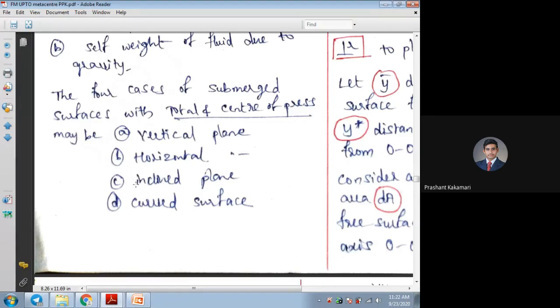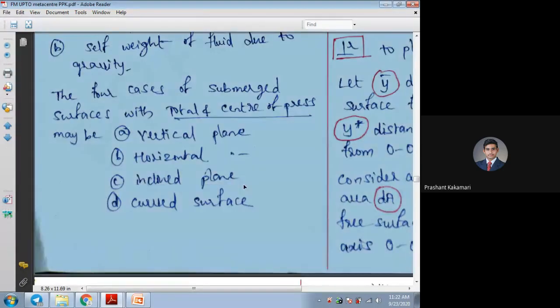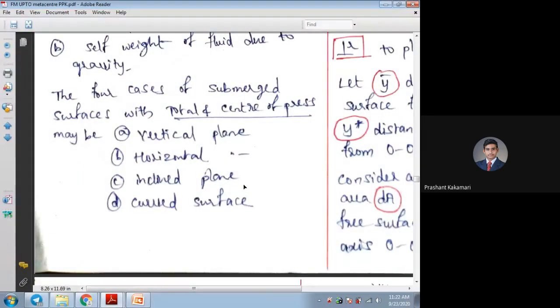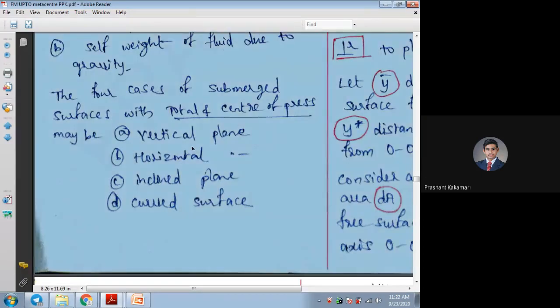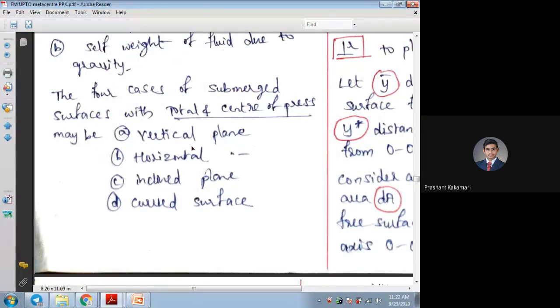So we'll take the inclined plane as a reference and try to understand how the forces are going to act on it. Then we'll change the angle with respect to horizontal or vertical. Then we'll understand how the forces are acting on the vertical plane or on the horizontal plane.